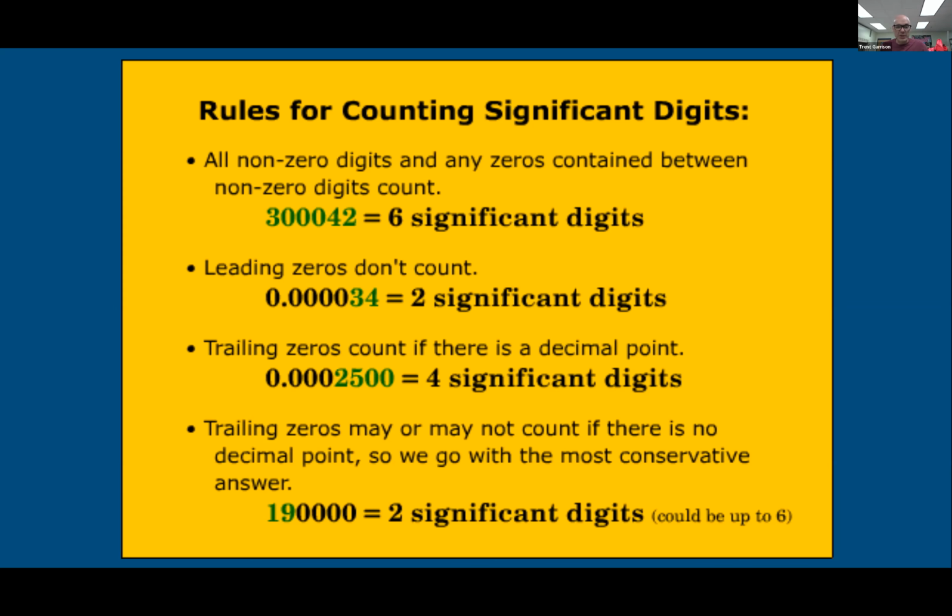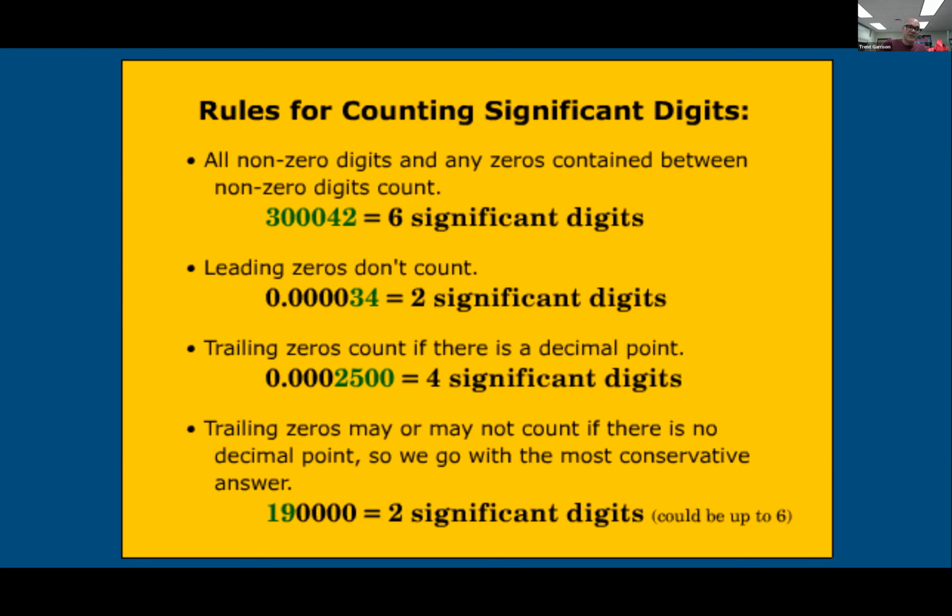On a similar note, but with counter examples, if there are zeros at the end of a value, they will always count. Zeros in front never count. Zeros at the end only count if there is a decimal. If you do not have a decimal at the end of your value, such as in the value down there, 190,000, all of those zeros are estimations.